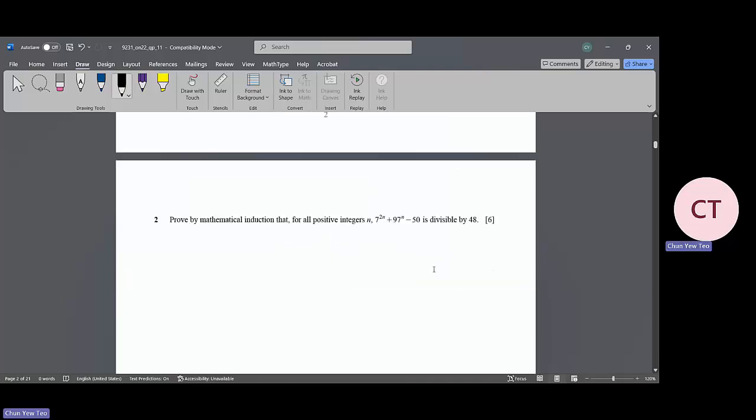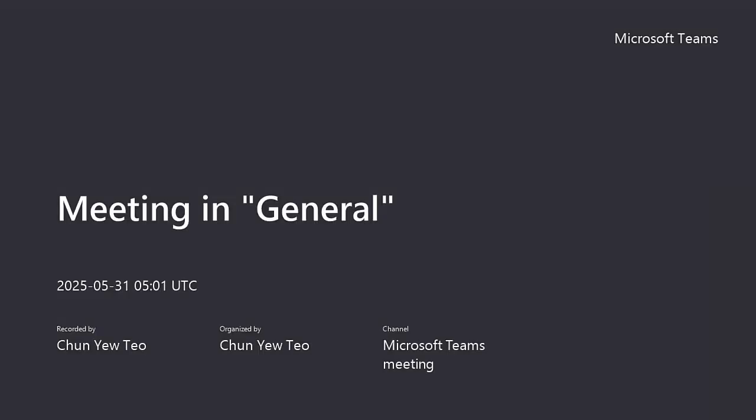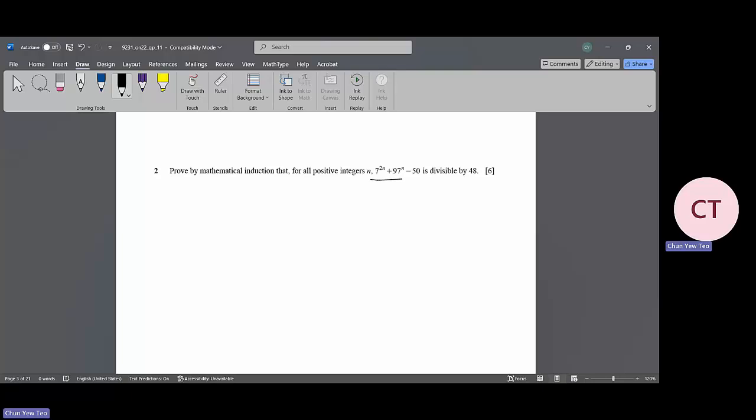So now we move on to question number 2. Prove by induction that for all positive integers, this expression is divisible by 48. We start from n equal to 1.